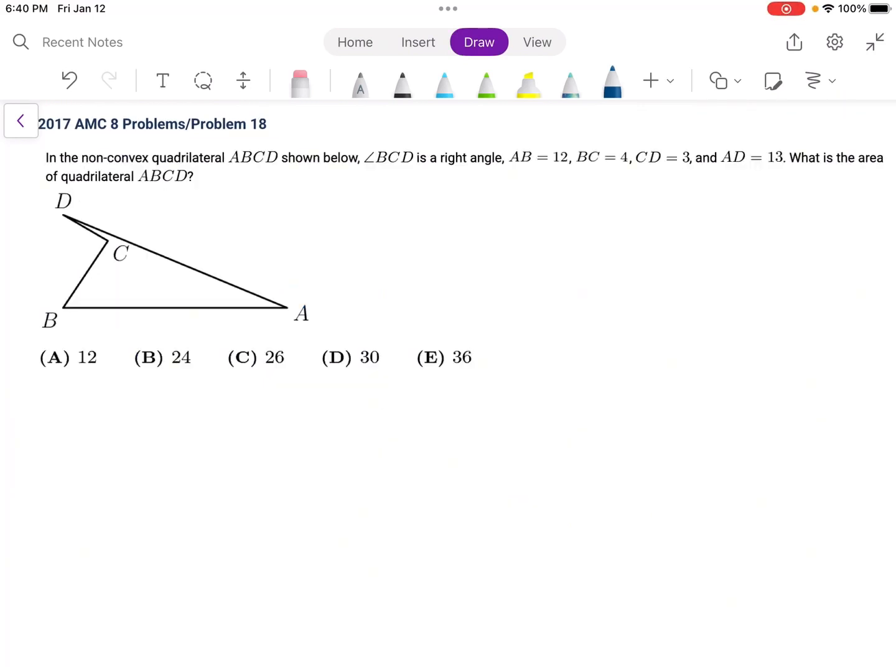Problem 18. In order to solve this problem, we need to connect BD.